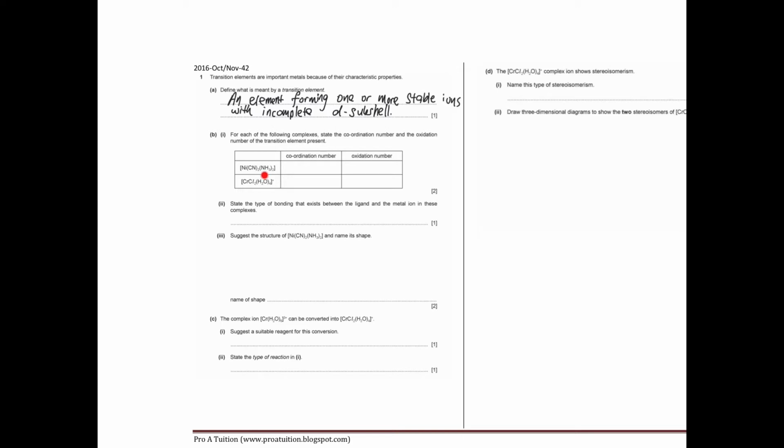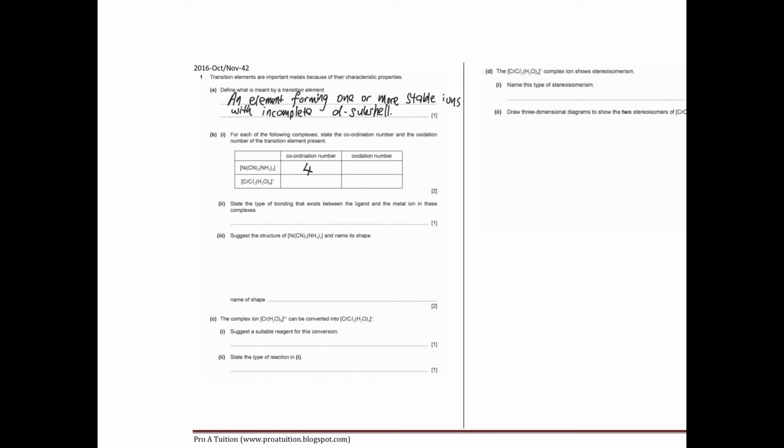Ammonia, or the amine here, is monodentate also, 2 of them, so 2 dative bonds. Altogether 2 plus 2, 4 dative bonds, or 4 coordinate bonds. So the coordination number is hence 4.